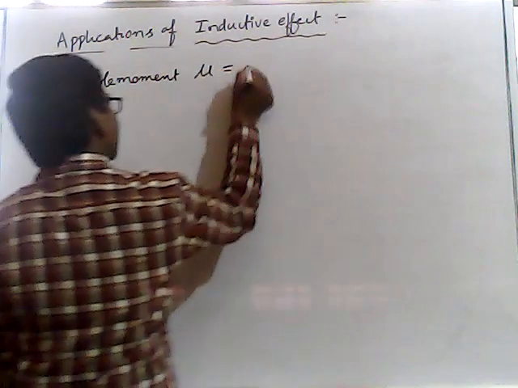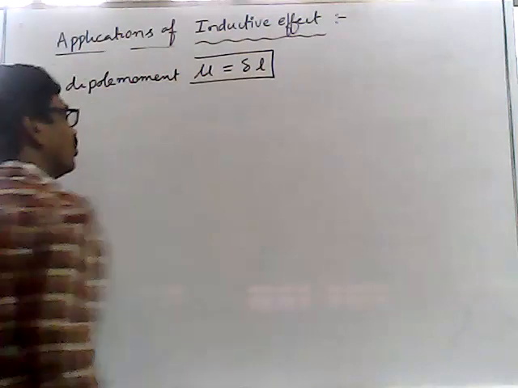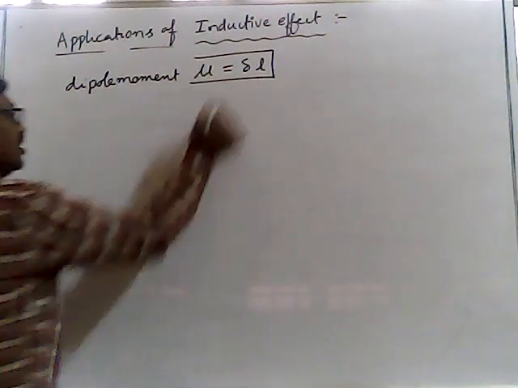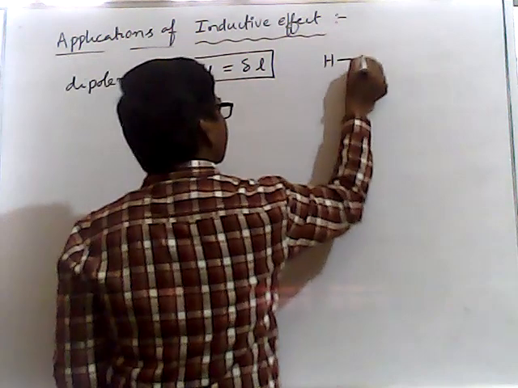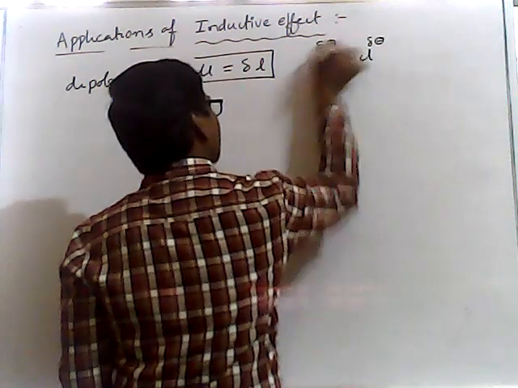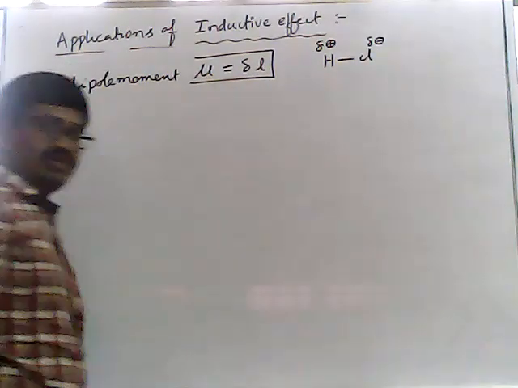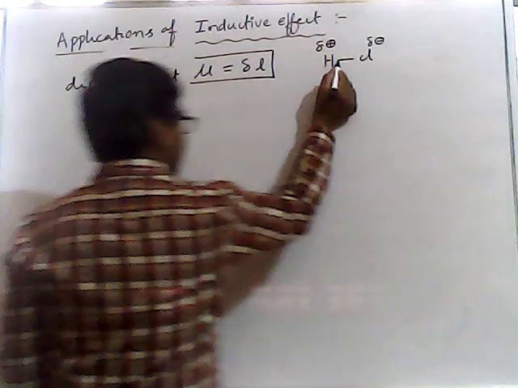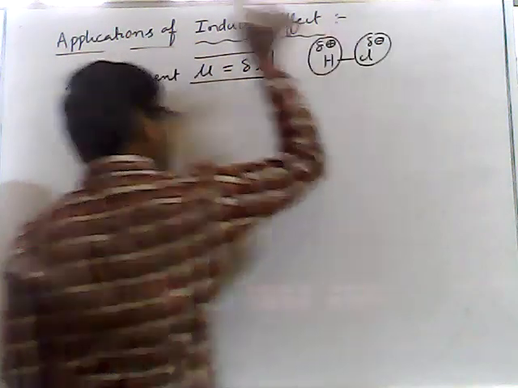It is delta into L, where delta is the charge on a particular atom and L is the distance between two atoms. For example, if you take HCl, chlorine will take the negative charge and hydrogen will take the positive charge. So delta is the charge on one of the poles, and L is the distance between these two atoms, chlorine and hydrogen.